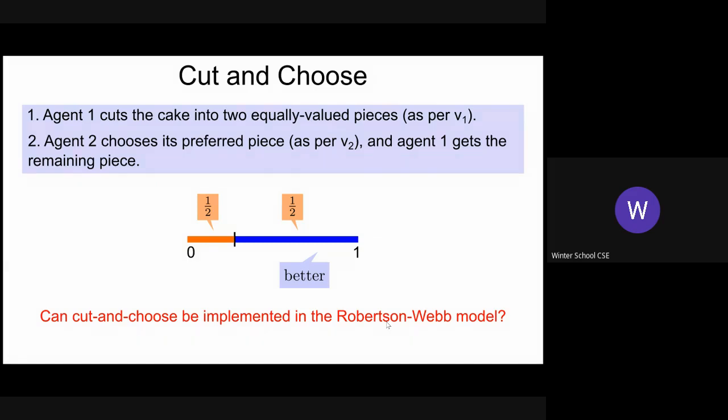You just basically have to evaluate one of the pieces because you know that they add up to 1. So you just need one evaluate query. Excellent, good. So you can just run one cut query from agent one's perspective and do an evaluate of just one of the pieces from agent two's perspective, and then make a decision which piece is better.